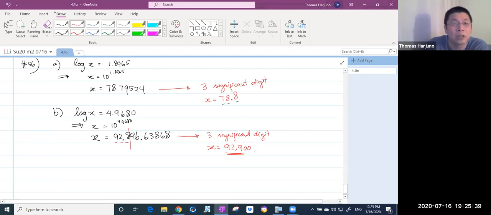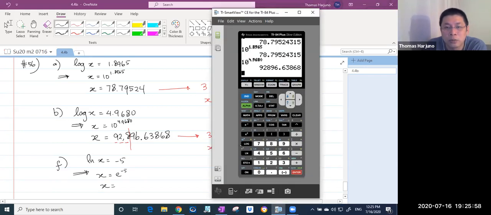Now let me jump to part F right away. Part F, natural log of x equals -5. Now that's base e, right? So x equals e to the -5, which will be e to the x. We have that here. You can also use this e to that power, so let me show you both.